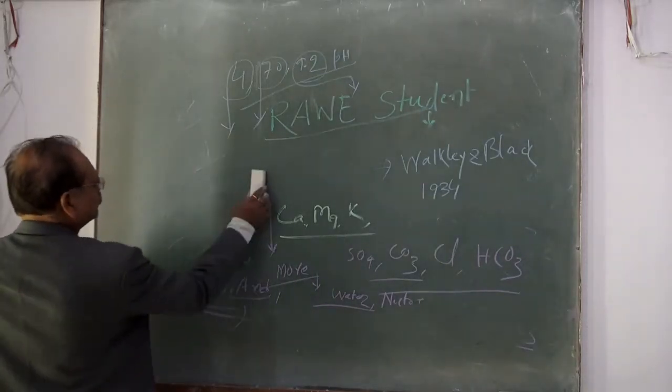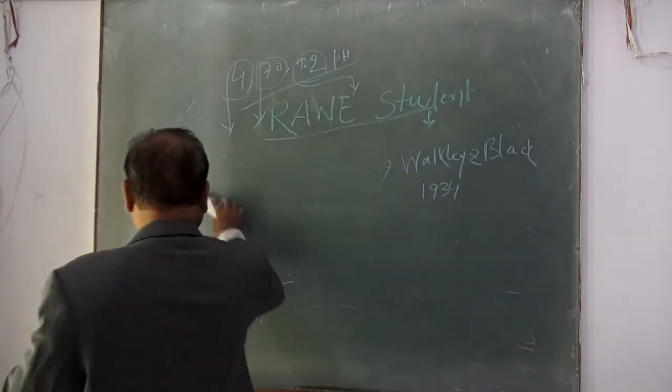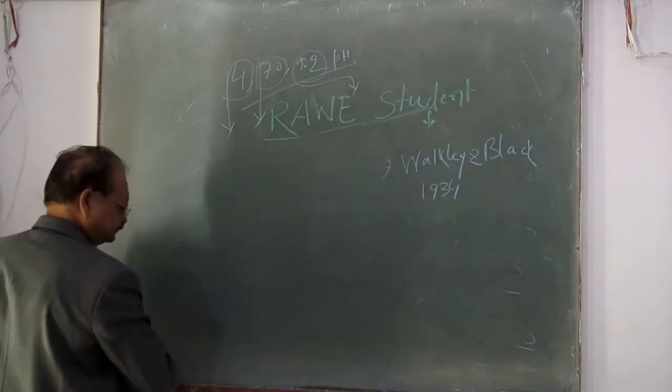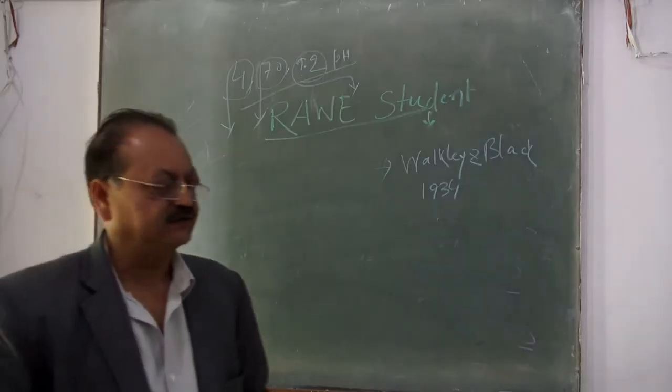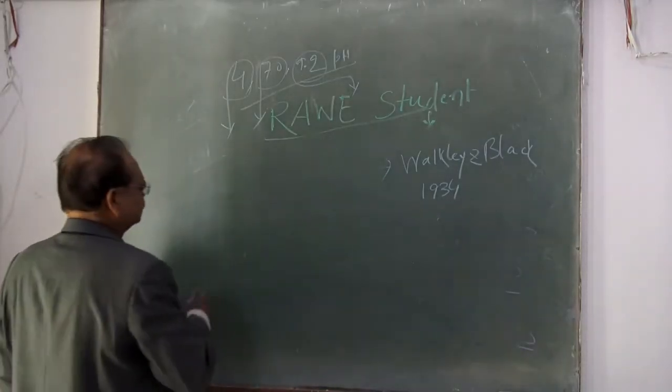Now come. Another most important nutrient for the growth of plants is nitrogen.